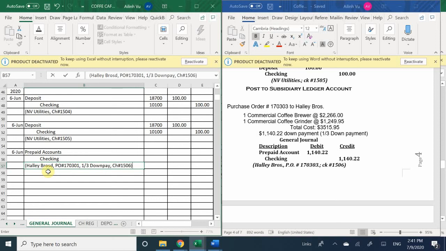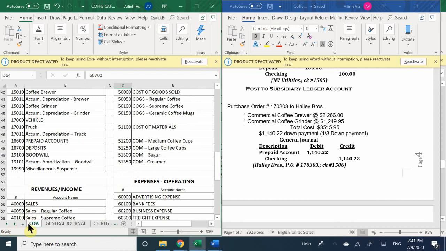Here I'm indicating that I paid 1/3 of the down payment to Haley Bros for my purchase order of 17301, and it's going to be check number 1506. Okay, so what is my prepaid account number? 18600. 18600 is correct.